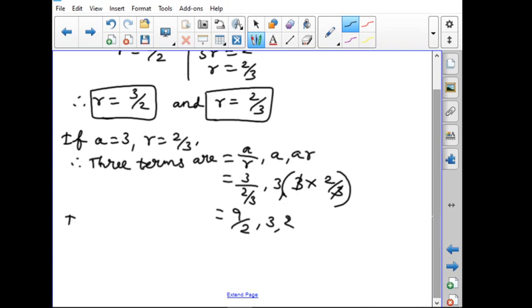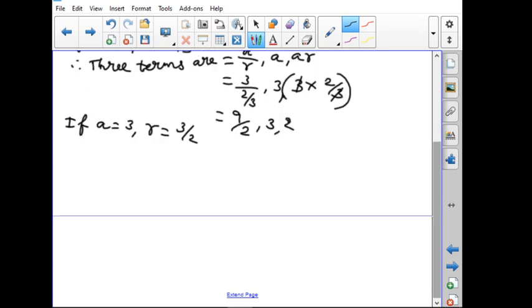Again we have to substitute the other R. So the same A only. A equal to 3, but R equal to 3 by 2. The same thing we have to follow. The first one is R equal to 2 by 3. The second one is R equal to 3 by 2. Therefore, three terms are A by R, A, AR. Here you have to substitute the values.